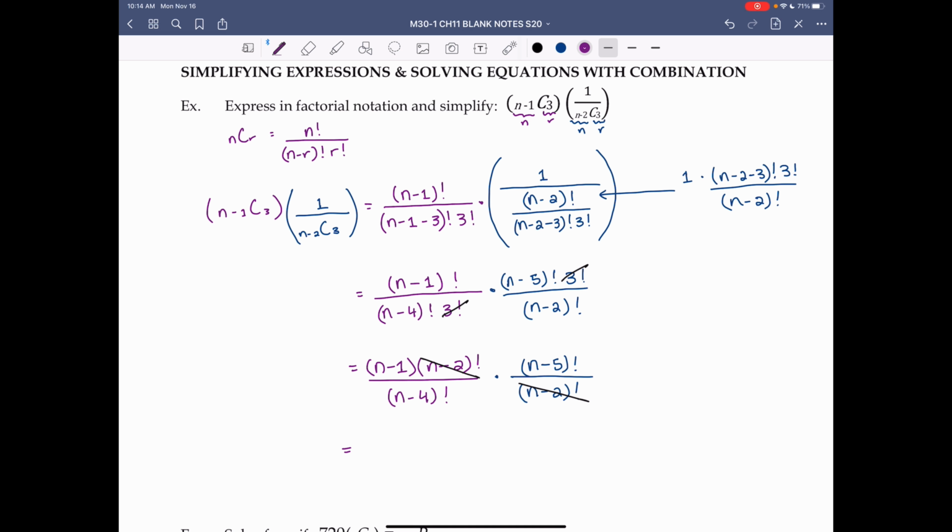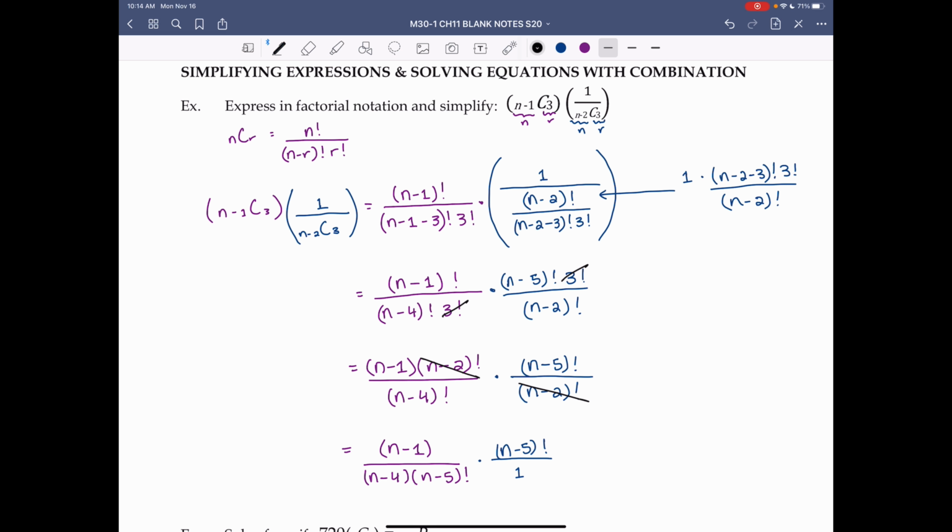Then I have n minus 1 on top divided by n minus 4 factorial. I can write as n minus 4 times n minus 5 factorial. The second fraction, I have n minus 5 factorial over 1.